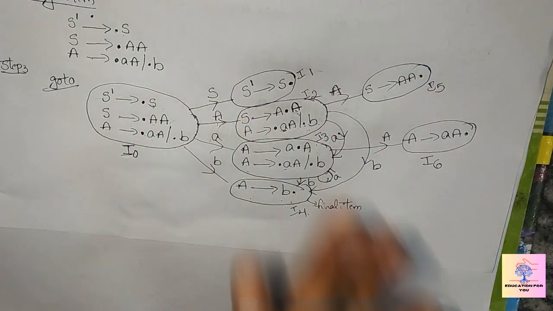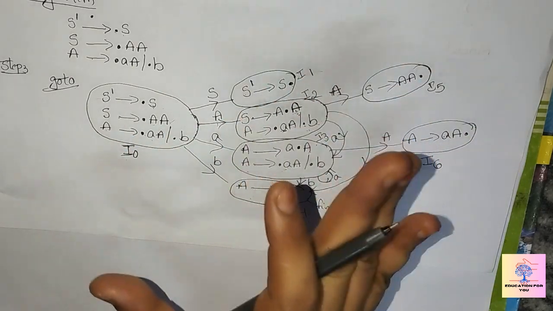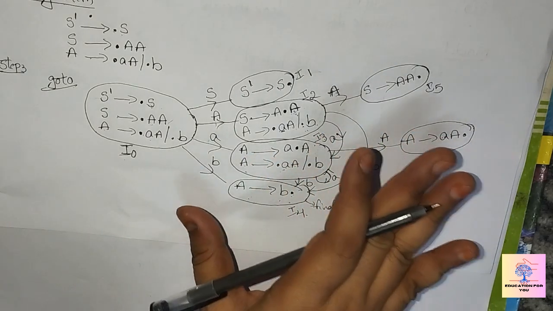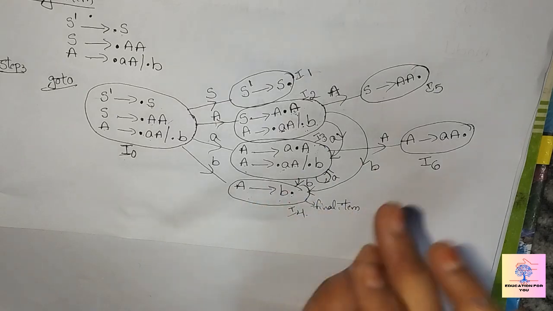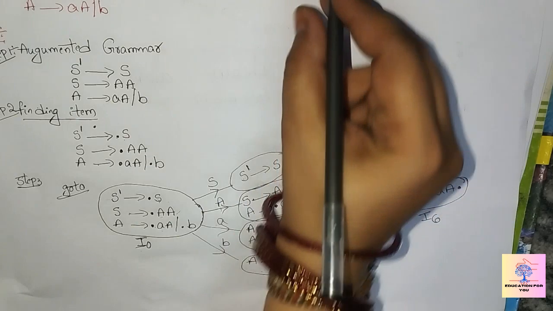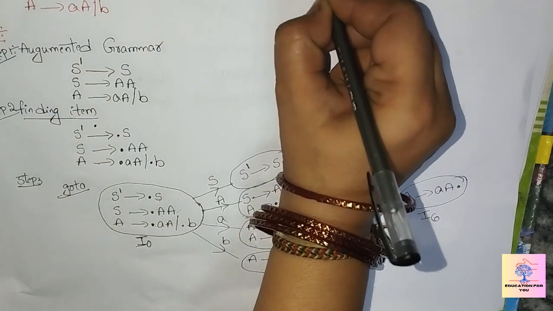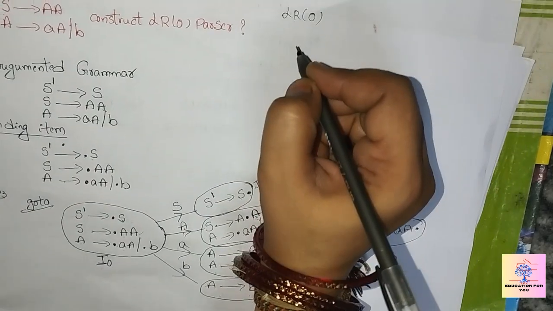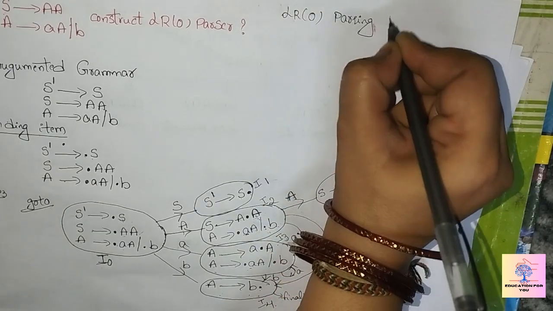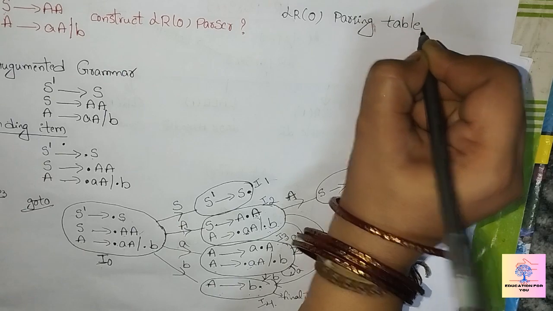Now the last step is you have to find out the parsing table. So you have to fill the cells in the parsing table. So how to construct the parsing table, here is the point. Constructing the LR0 parsing table.